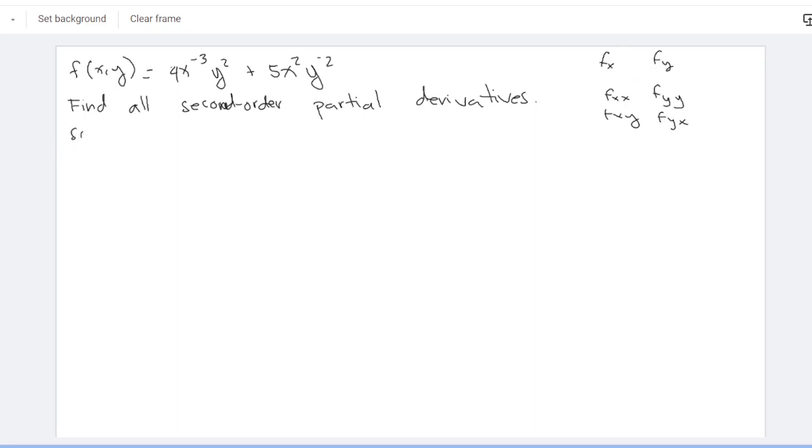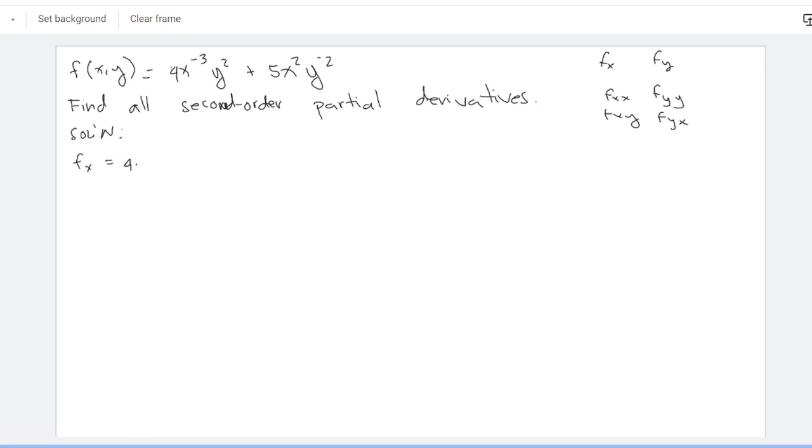So, solution. First, we look for the partial derivative with respect to x of the function. I will treat y as constant.